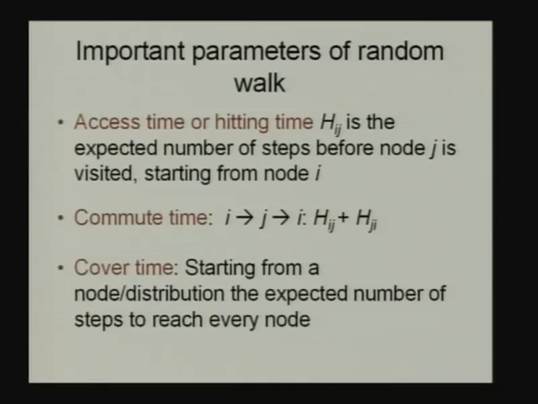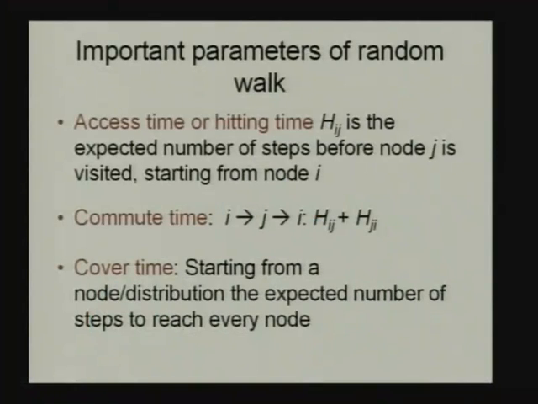Okay, and just before we finish, let's see some more important parameters of random walk. In tomorrow's lecture, we will connect them. In today's lecture, I am just giving you the mathematical properties. Tomorrow's lecture will show how these can be used in developing practical algorithms.